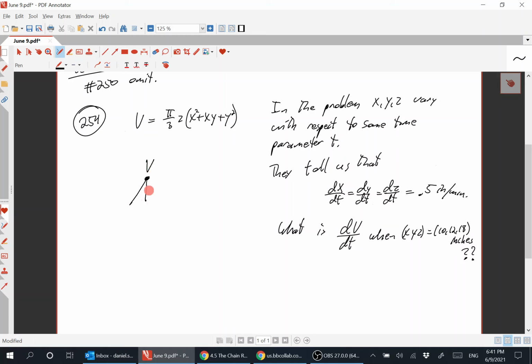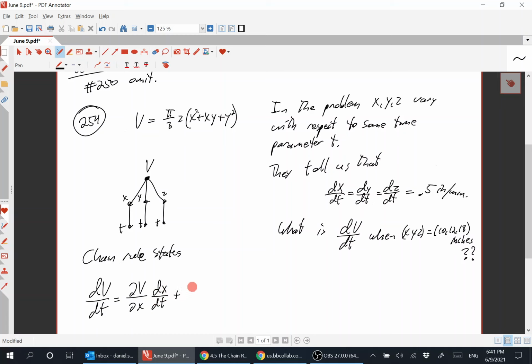So V is a function of x, y, and z. And x, y, and z are functions with respect to t. So the chain rule states that dV/dt is equal to partial V partial x times dx/dt, plus partial V partial y times dy/dt, plus partial V partial z times dz/dt, right?